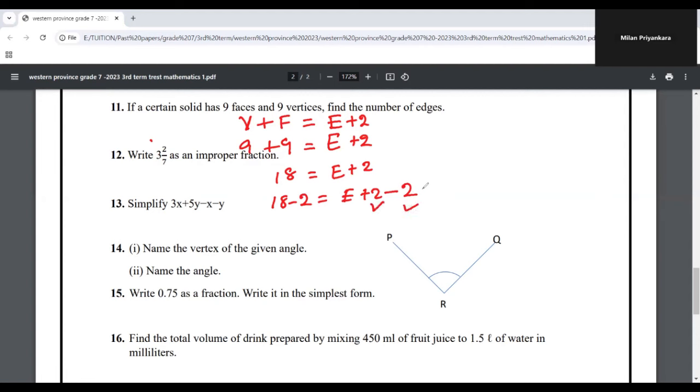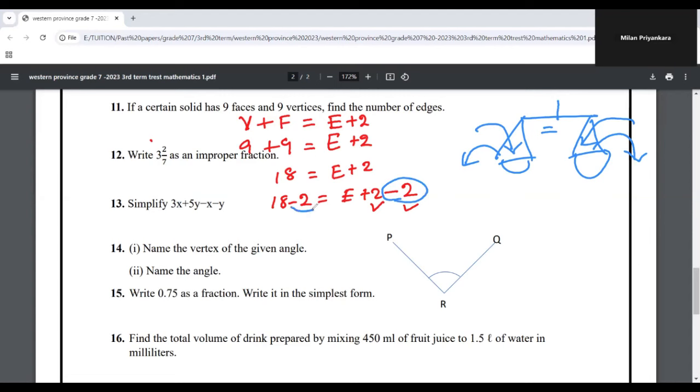But if you do something to one side of the scale, you have to do the same thing to the other side too. I have told you that an equation is a balanced scale. If you put something on one side, you put the same thing on the other side. If you take something out, you take the same amount out of the other side too. So if you use that theory, this was done by you, and this also must be done by you.